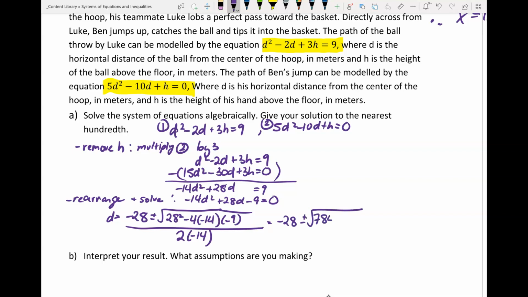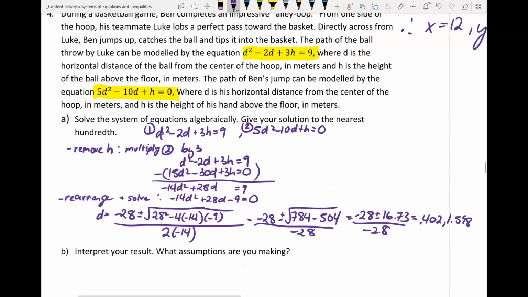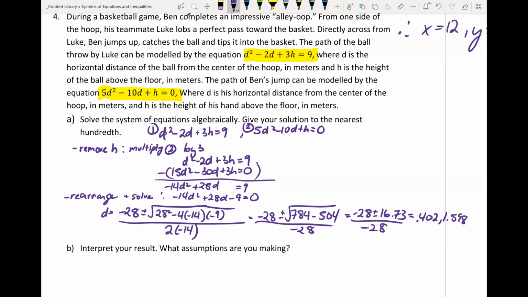Just going to go ahead and simplify and solve for this. So our two answers from our quadratic formula are going to be 0.402 and 1.598. That is our d value. We need to solve for h as well.